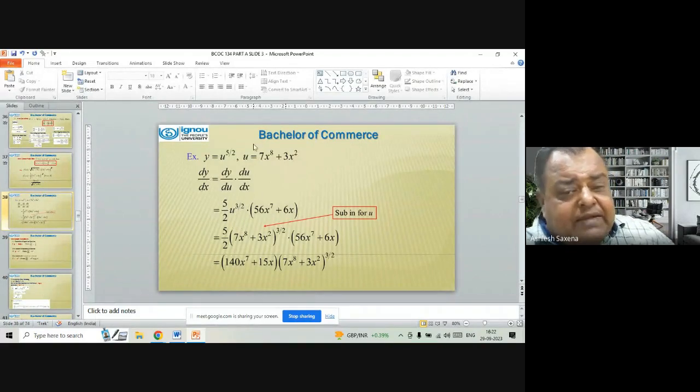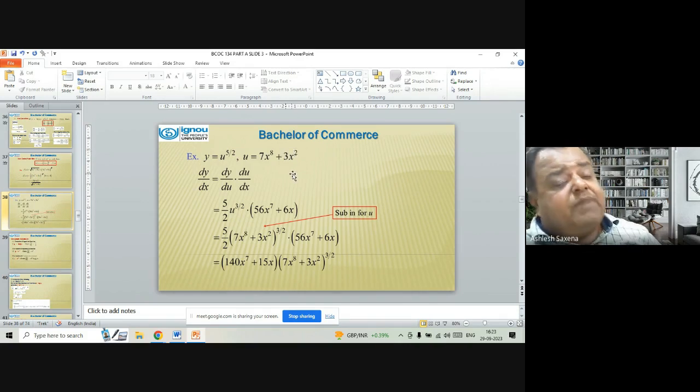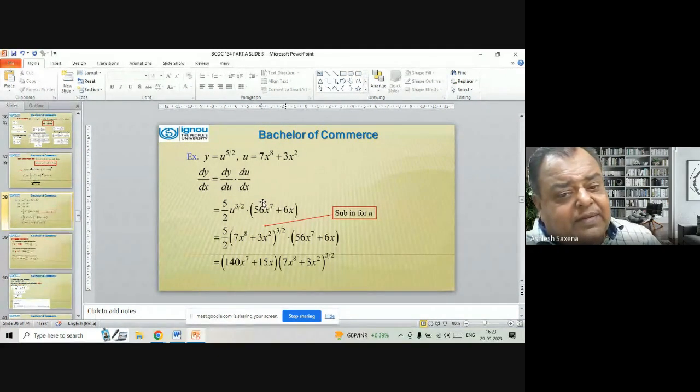While differentiating for du/dx, I multiply 7 into 8, that is 56, and reduce the power by 1, so x^7, and 3 into 2 with the power reduced by 1 gives 6x. Now I will put all these values together.